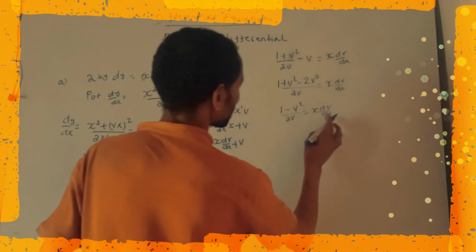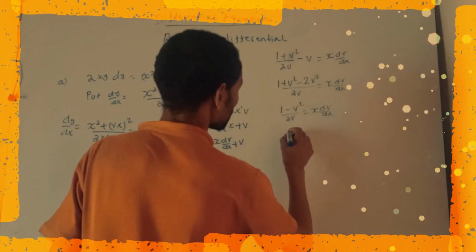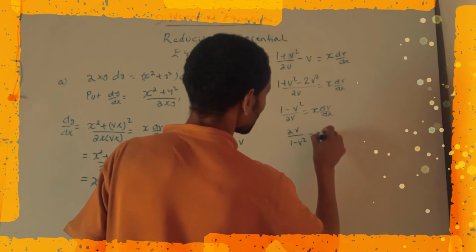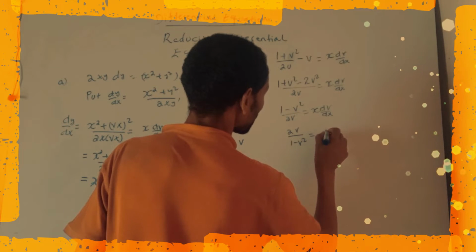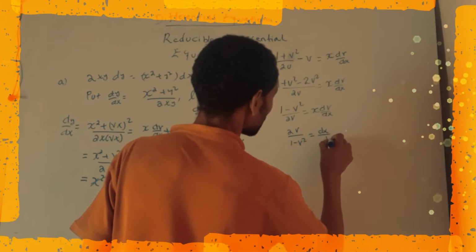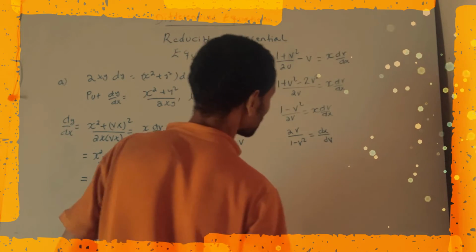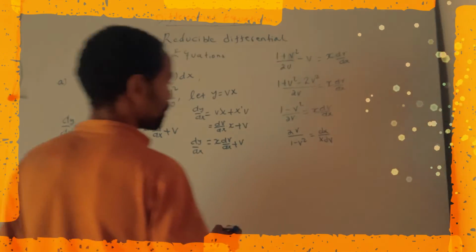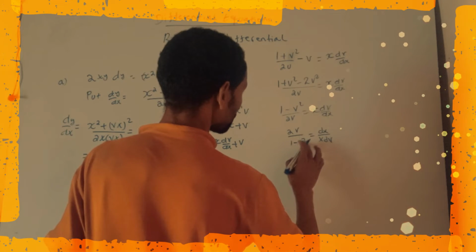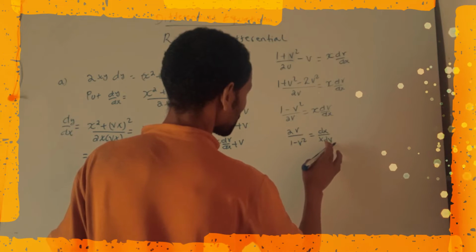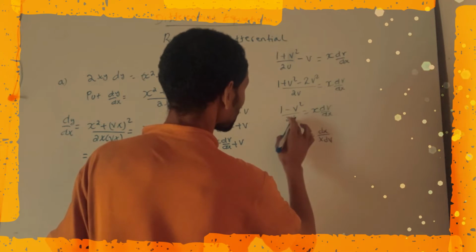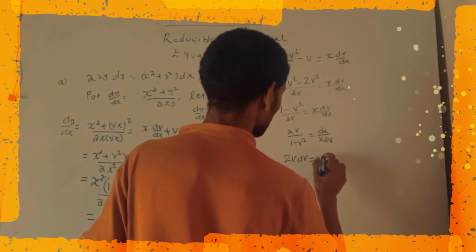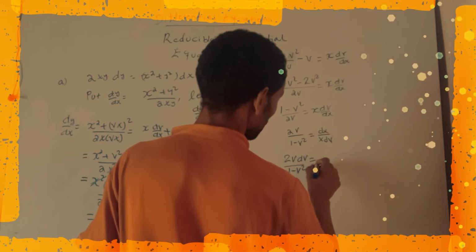Now just cross multiplication, or flip this expression: 2v over 1 minus v squared equals dx over x dv. So 2v dv over 1 minus v squared is equal to dx over x.